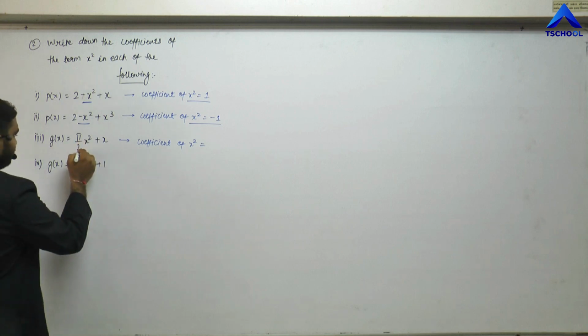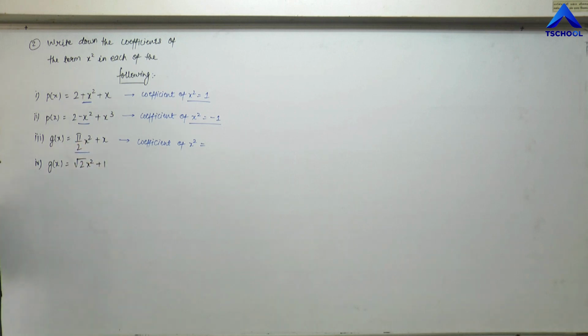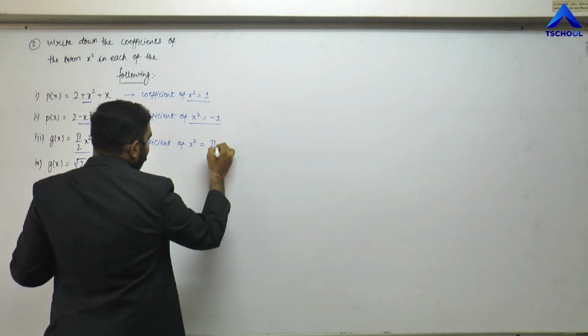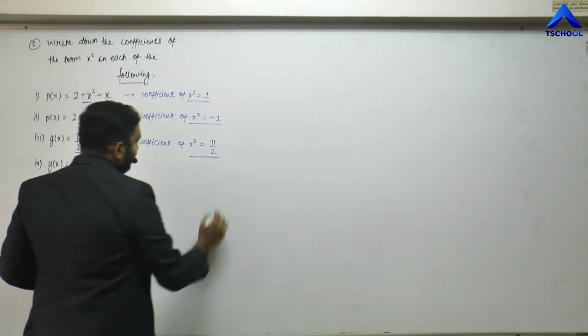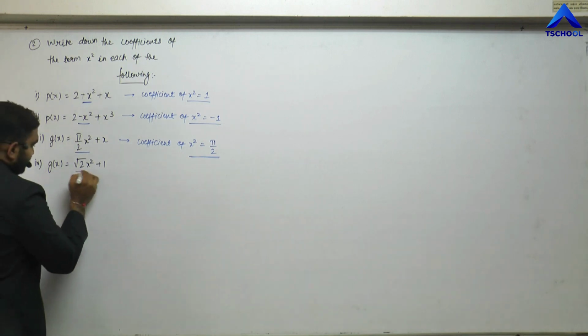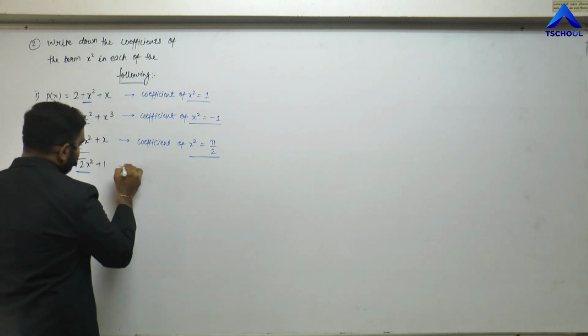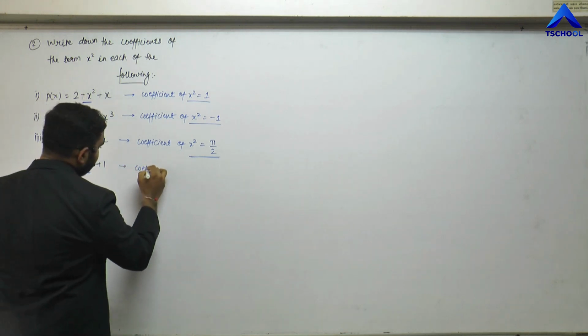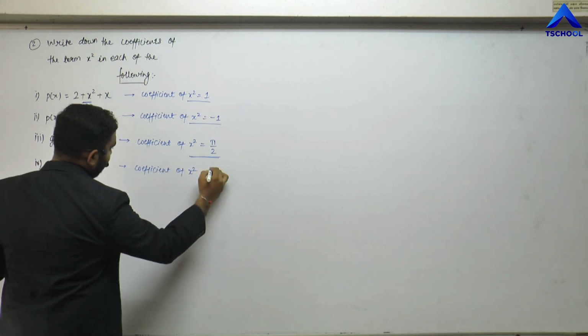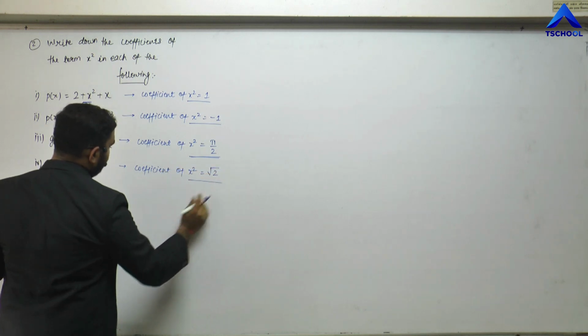Because this constant pi by 2 is multiplied with the variable x square, and hence the coefficient of x square here is pi by 2. In the same way, for the fourth example, the coefficient of x square will be equal to root 2.